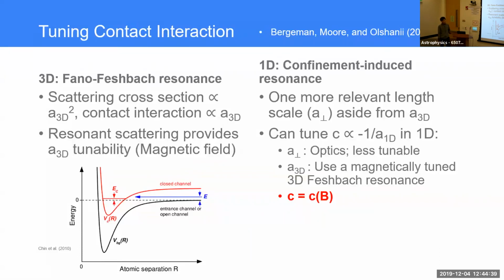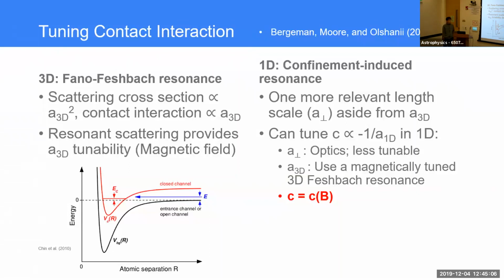So if we know how to tune A3D, we know how to tune contact interaction. Under a scenario of resonance scattering, one could in fact tune A3D and contact interaction from some positive values all the way up to infinitely positive, and then it swaps sign to infinitely negative across the resonance and to 0. The analogous case under quasi-1D confinement is called the confinement-induced resonance.